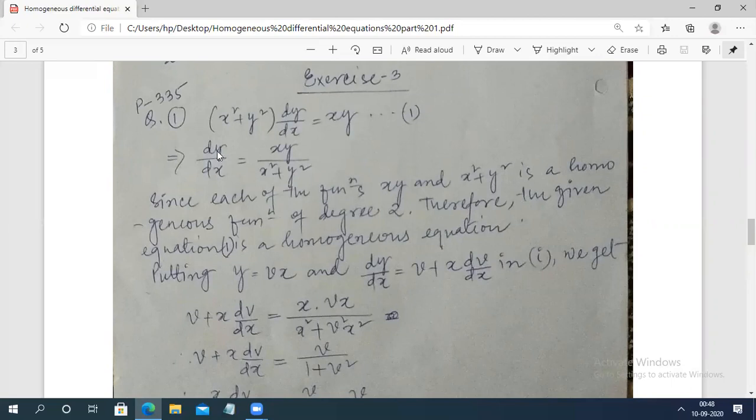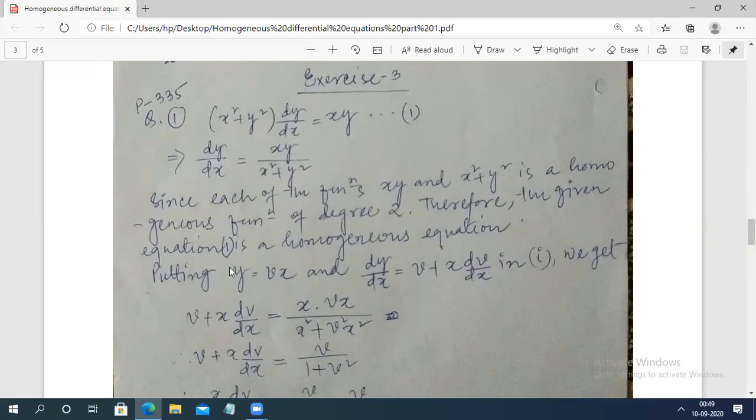So you may write it in the form dy by dx is equal to a homogeneous function f of x, y upon g of x, y, or dx by dy is equal to f of x, y upon g of x, y. It depends upon your question, whatever is convenient for you, you have to substitute that.